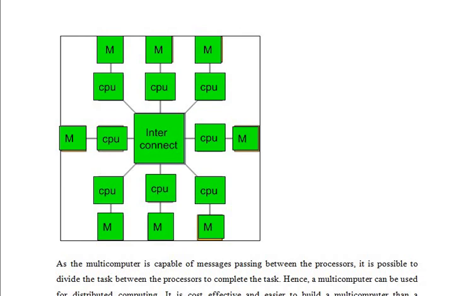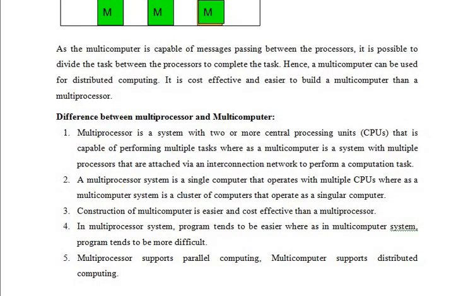Now we will see the difference between the multiprocessor and the multi-computer. A multiprocessor is a system with two or more central processing units that is capable of performing multiple tasks, whereas a multi-computer is a system with multiple processors attached via an interconnection network to perform a computational task. A multiprocessor system is a single computer that operates with multiple CPUs, whereas a multi-computer system is a cluster of computers that operates as a singular computer.